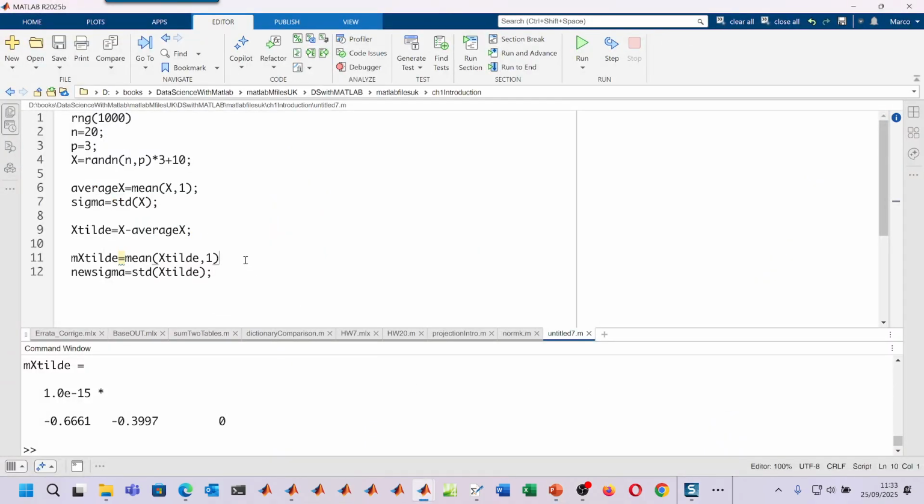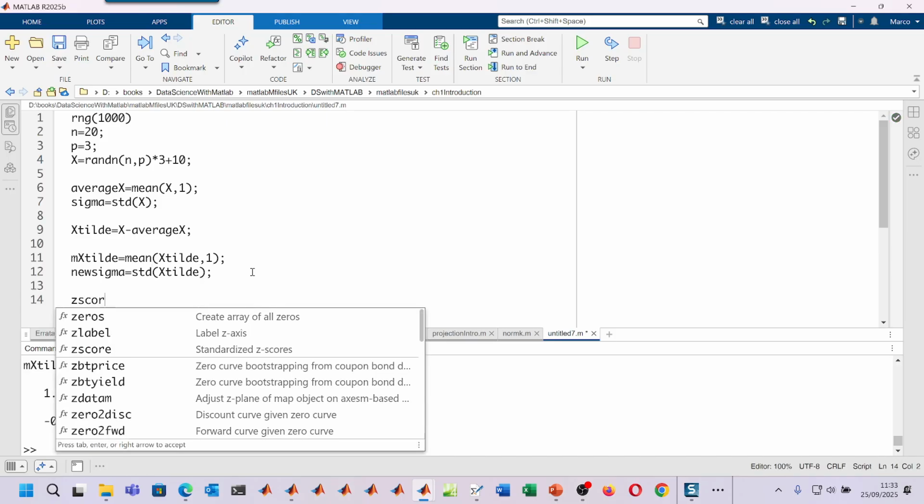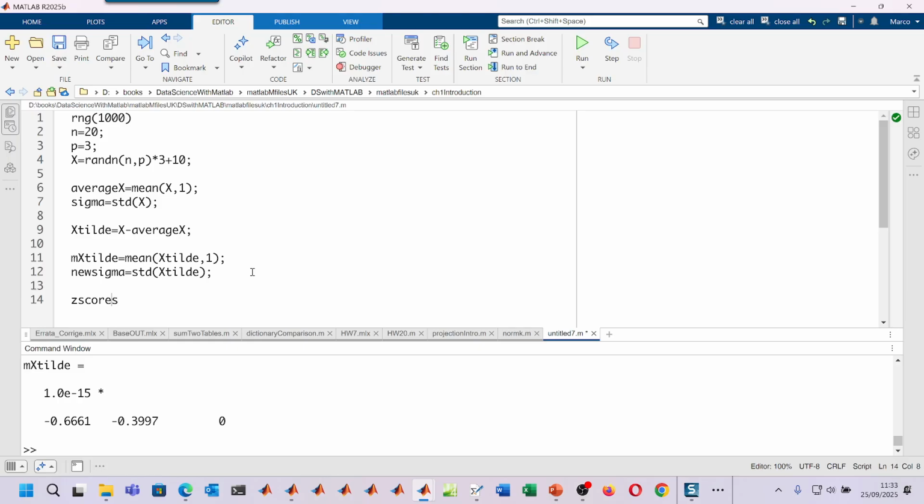Then there are the so-called zeta scores. Zeta scores, in mathematics, are x minus the mean divided by the standard deviation. That is the zeta scores.